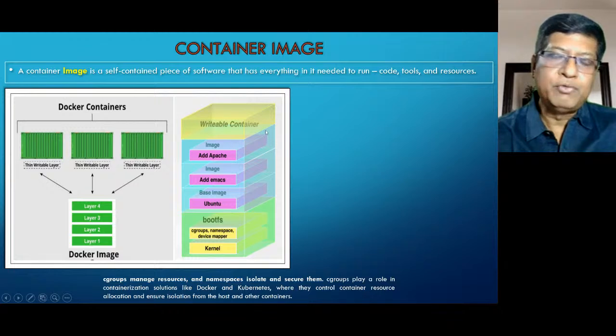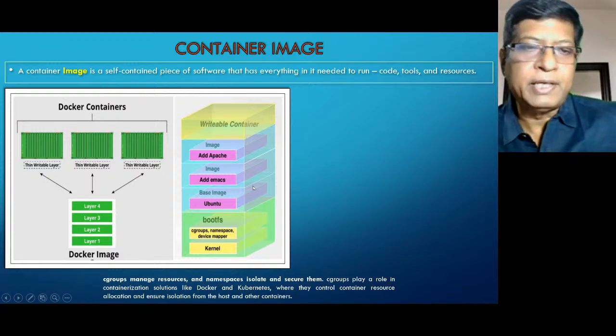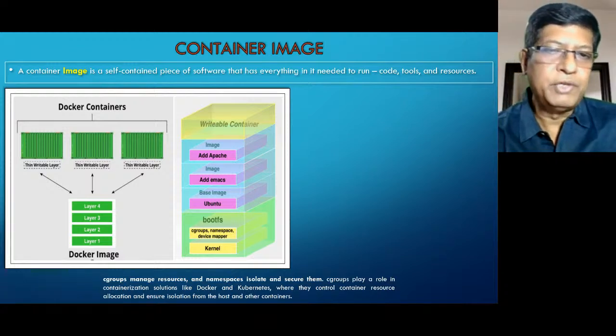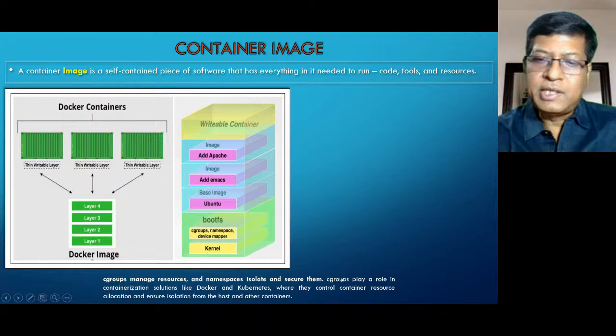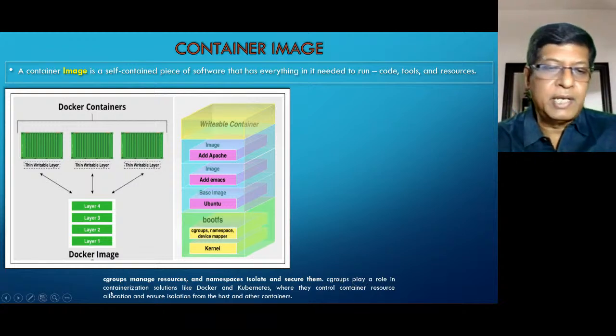Therefore, when you say that I have a container, that means you have some image, which is your application, that can run inside the container. Why do we need this? The C groups play a role in containerization solutions like Docker and Kubernetes.